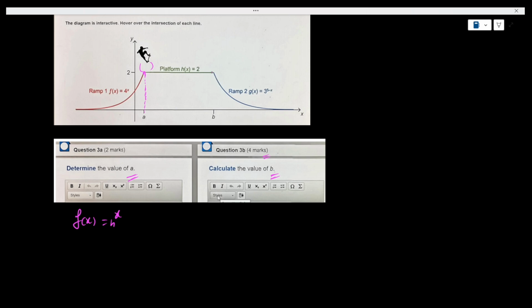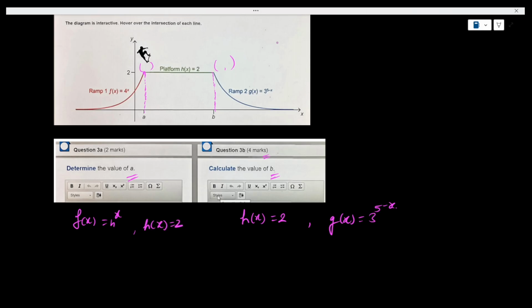Similarly, for the b coordinate, which is on the x-axis, I can get it if I am able to get the coordinates of h of x and g of x. So you will use the h of x function, which is given as 2, and g of x, which is given as 3 to the power 5 minus x.